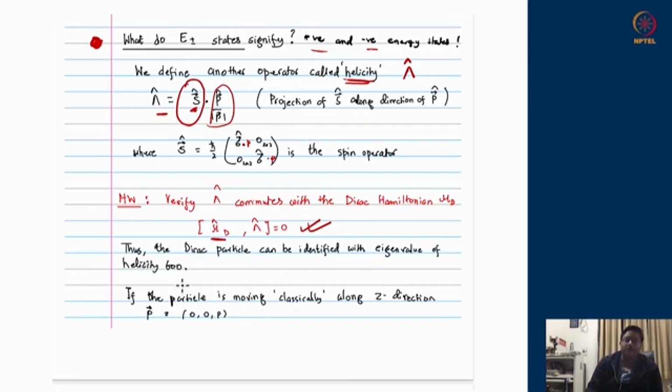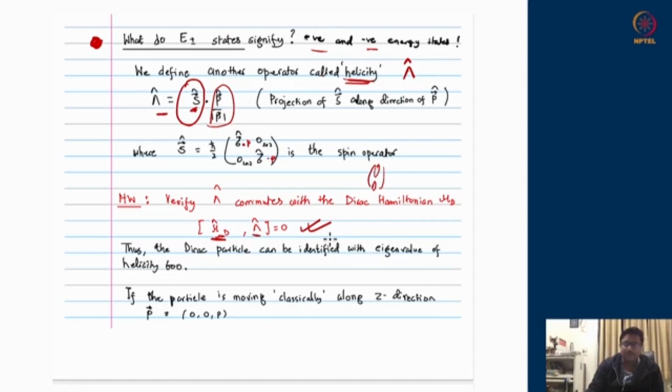Okay. So if two operators commute, that means they can have simultaneous eigenvectors. So that means the solutions of the Dirac equation can be eigenstates of the helicity operator as well. So not only the full solution of the Dirac equation, which was a plane wave times a 4 cross 1 dimensional vector, now we know it is a doublet of spins, and that thing would be an eigenstate of the full Dirac Hamiltonian as well.